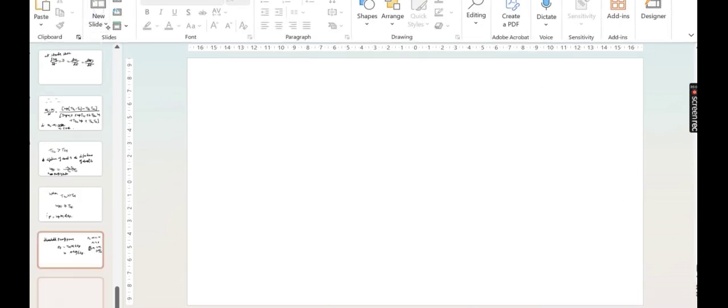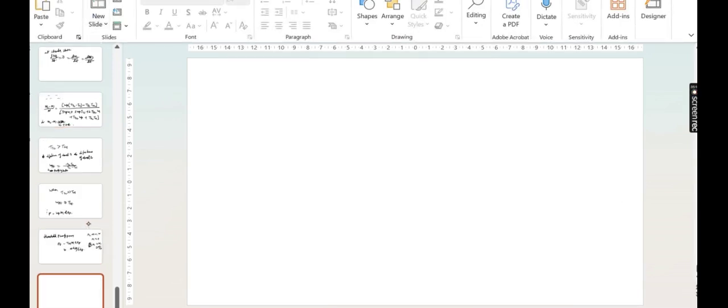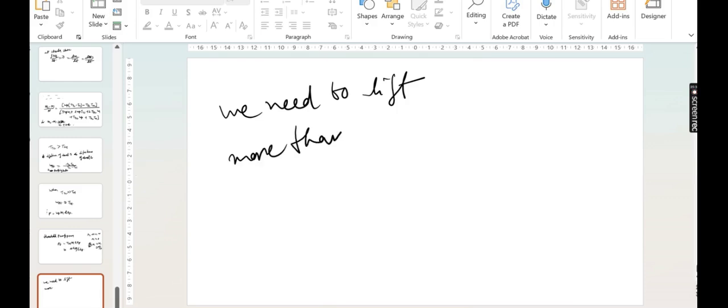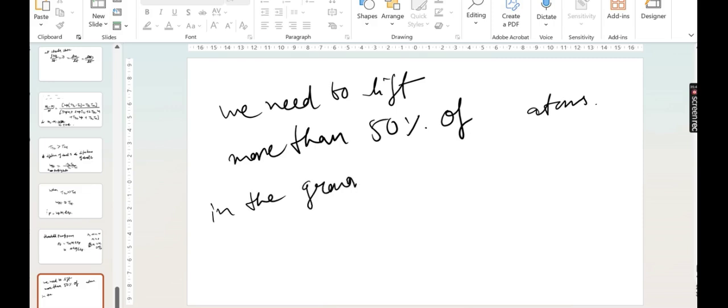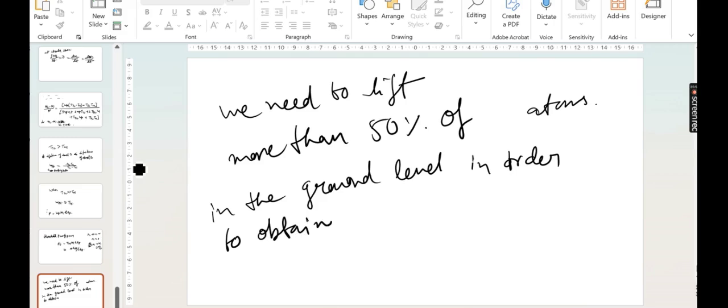So here the problem is that we need to lift more than 50% of atoms in the ground level to obtain population inversion.